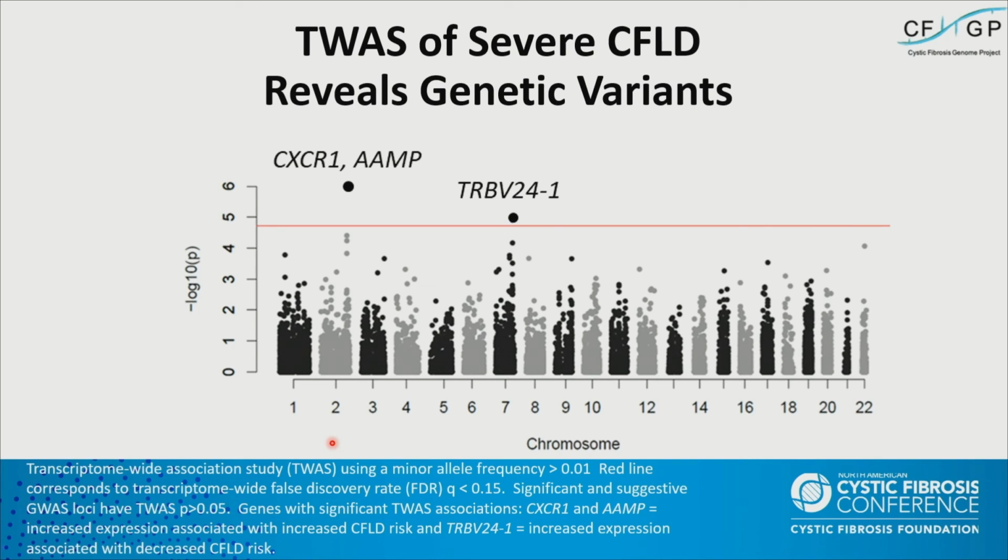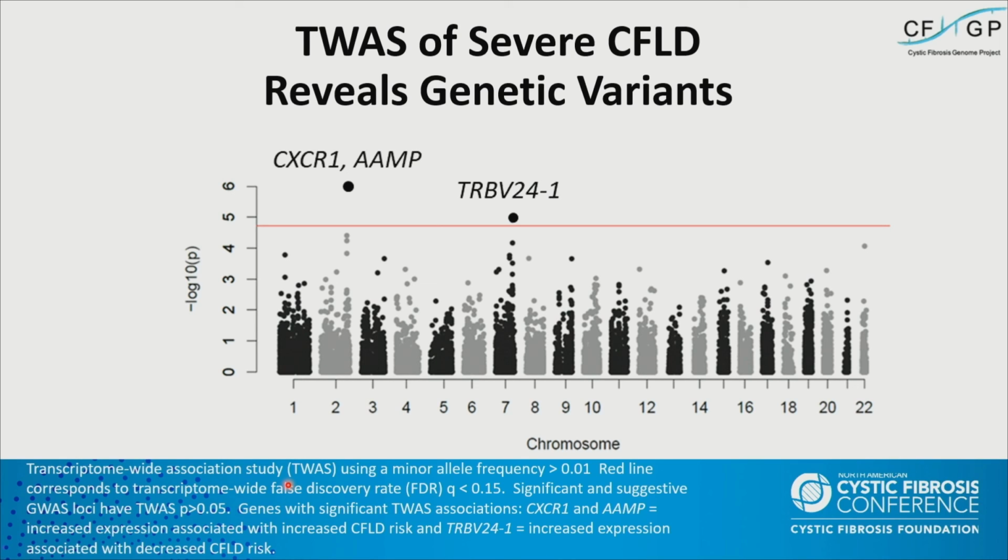It regulates endothelial cell migration as well. The other, AAMP, involves IL-8, involves cytoskeleton reorganization, and is associated with changes in vascular permeability.